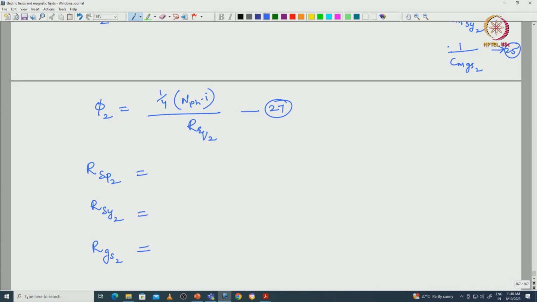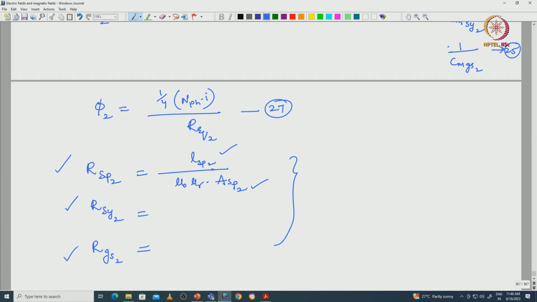So, for the stator pole it will be L, the length of the stator pole with respect to the leakage flux path, divided by mu naught mu r into the cross sectional area of stator pole 2. So, length also we have calculated, area also we have calculated, then we can get the reluctance. Same way we can calculate this one as well as this one.